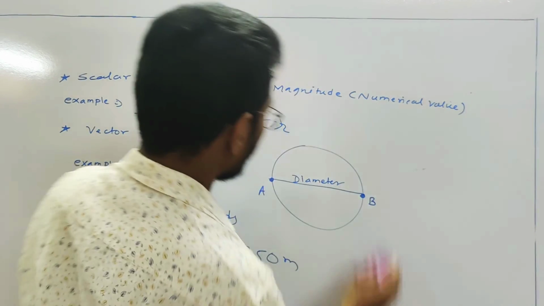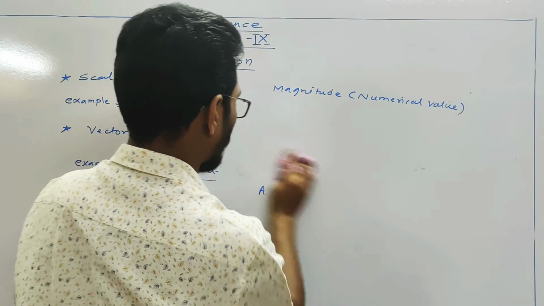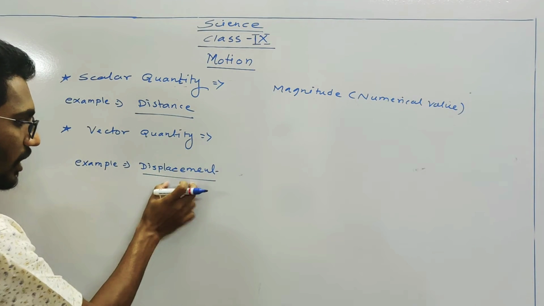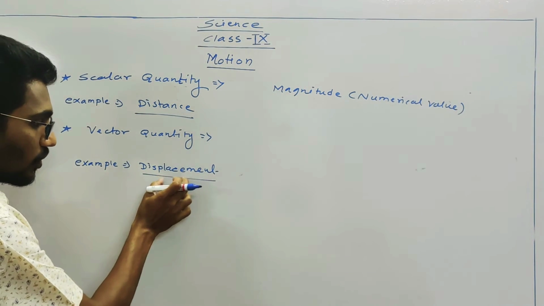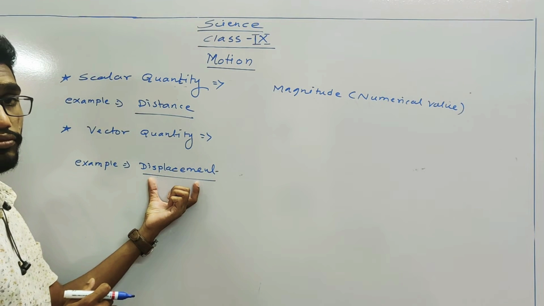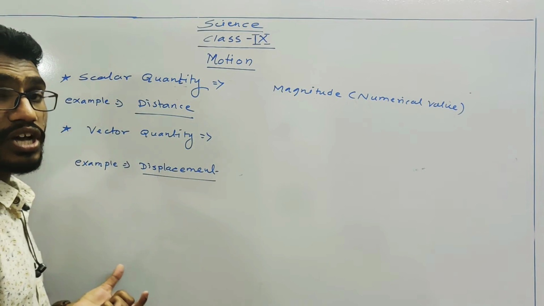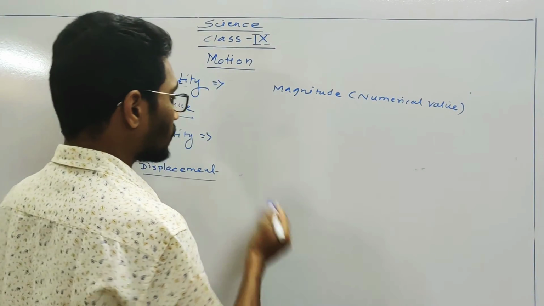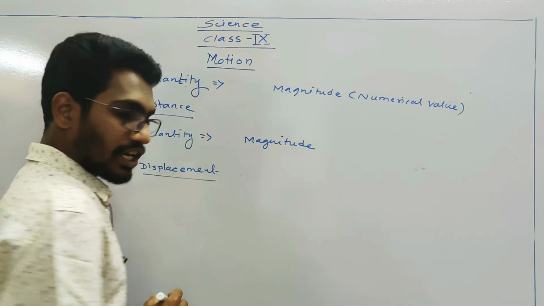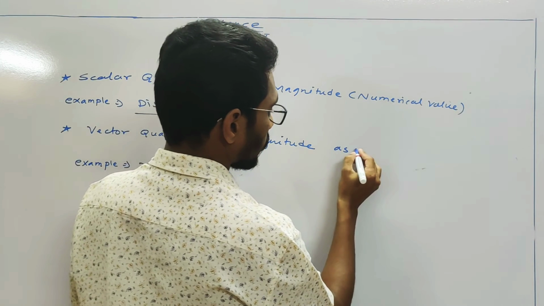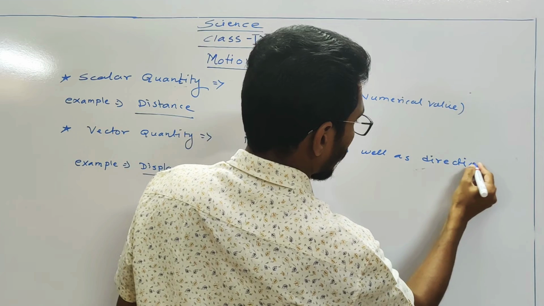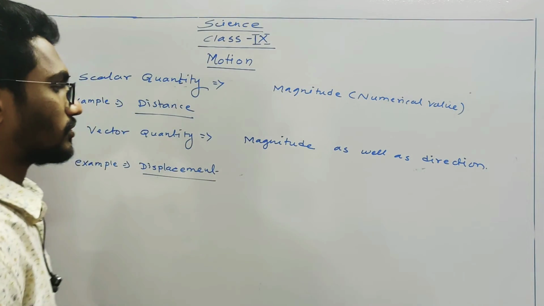So why is this particular displacement a vector quantity? Because displacement, or we can say vector quantities, are completely described by magnitude as well as direction.